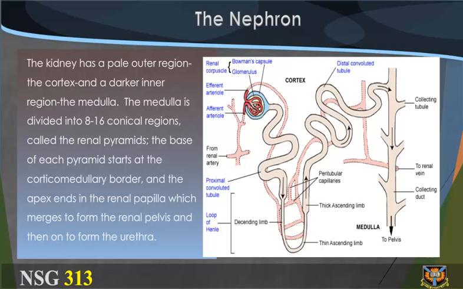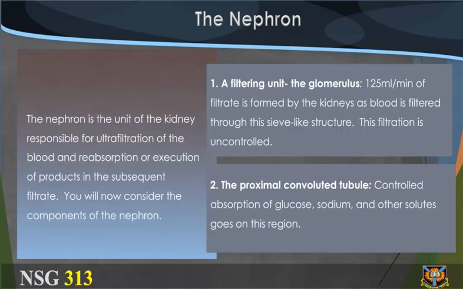The medulla is divided into 8 to 16 conical regions called the renal pyramids. The base of each pyramid starts at the corticomedullary border, and the apex ends in the renal papilla, which merges to form the renal pelvis, and then onto the ureter.